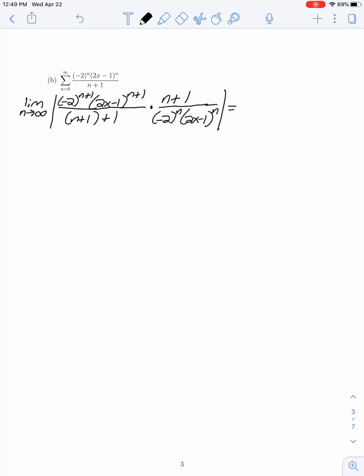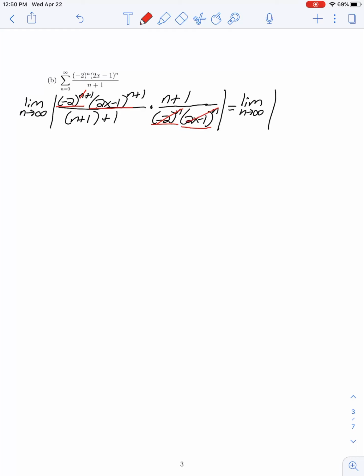So let's see what we can simplify here. In the numerator, we have a factor of negative 2 to the n plus 1. We're dividing by negative 2 to the nth. So if I cancel factors, I'm left with negative 2 to the first in the numerator. We also have 2x minus 1 to the n plus 1 divided by 2x minus 1 to the nth.